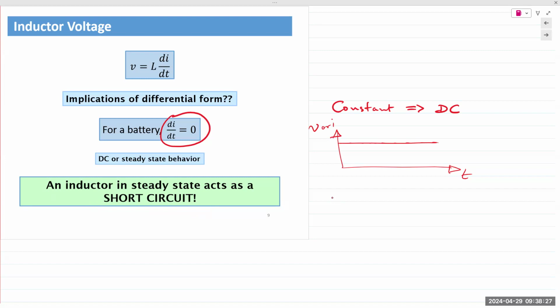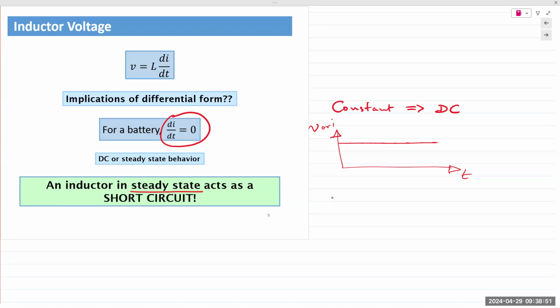When energy is being transferred into these components, we refer to them as being charged because energy is being built up. And when it flows out of these components, we refer to it as being discharged. Now, steady state simply means that it has reached a full charge or a full discharge.